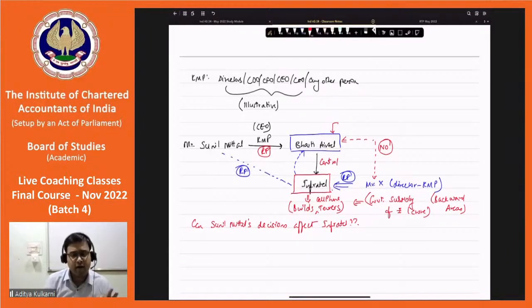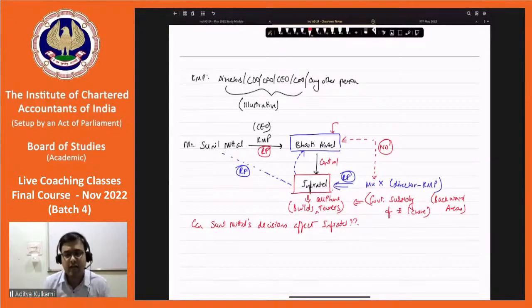So therefore, Bharti Airtel, Sunil Mittal will say, we will not construct a tower in the backward area out of greed for the government subsidy. So Mr. X decided to construct, but who overrode that? Sunil Mittal overrode that by saying it is ultimately going to become a loss proposition for us.